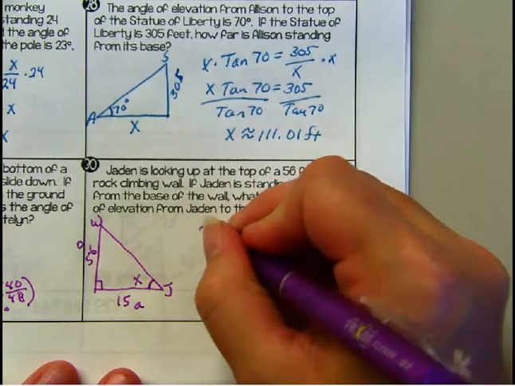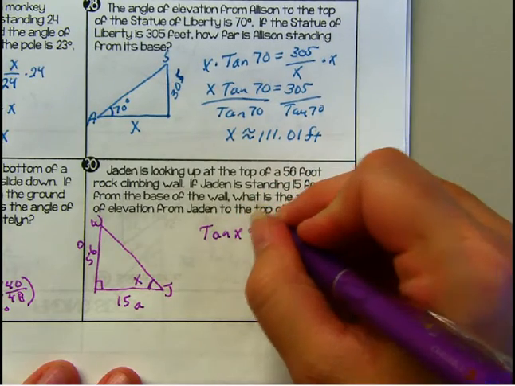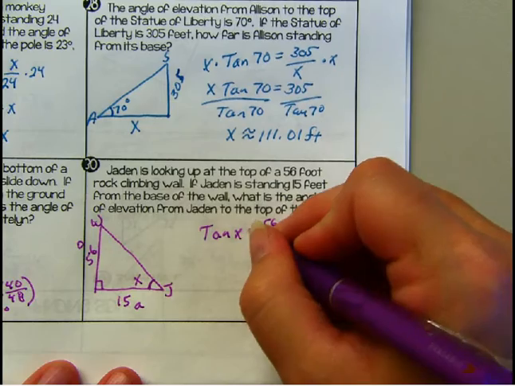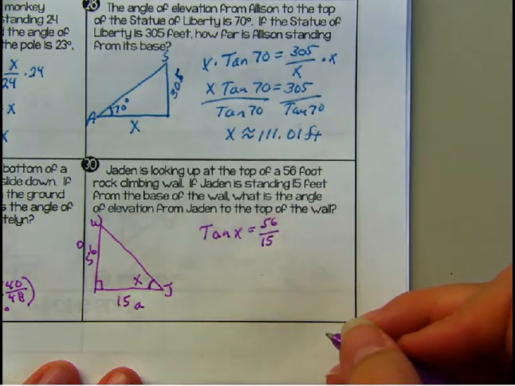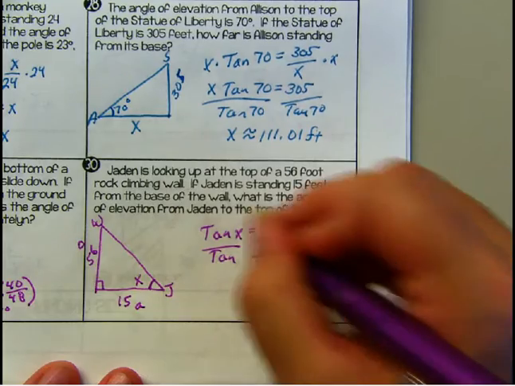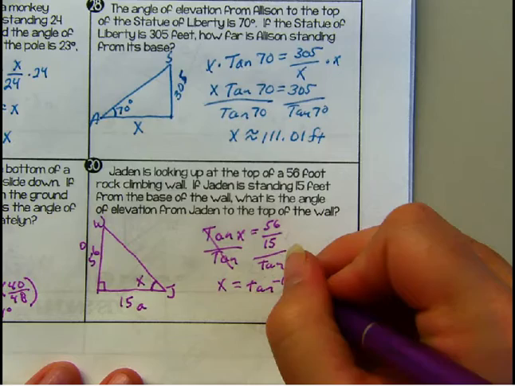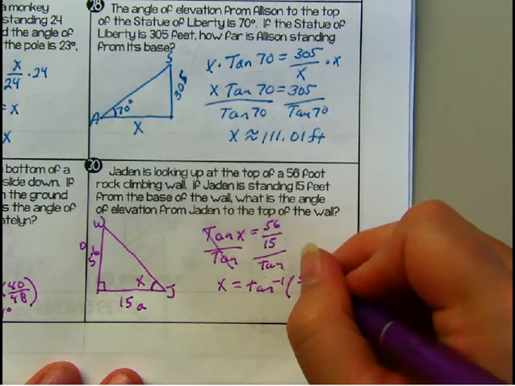So tangent of x equals opposite, which is 56, over adjacent, which is 15. To solve for x, we're going to divide by tangent, and we get x equals tangent to the negative 1 of 56 over 15.